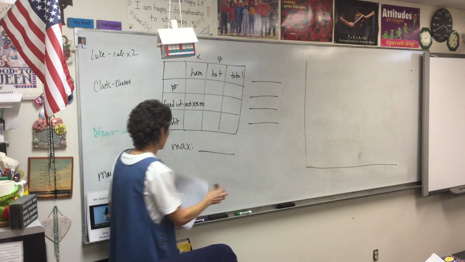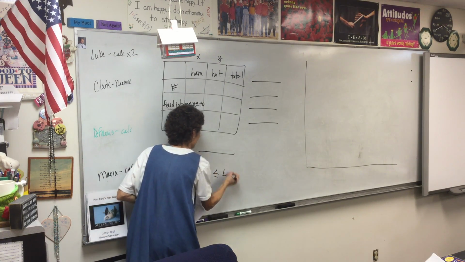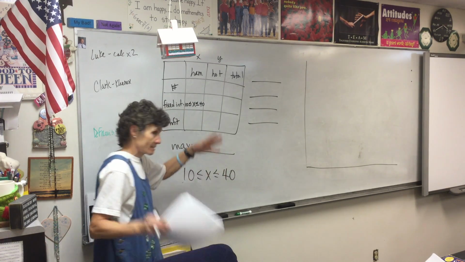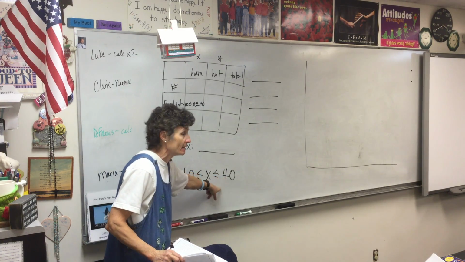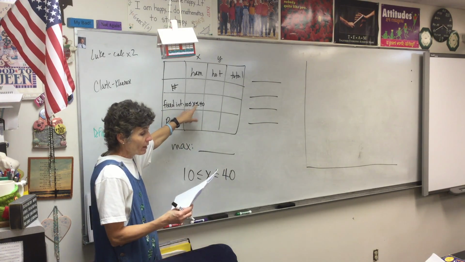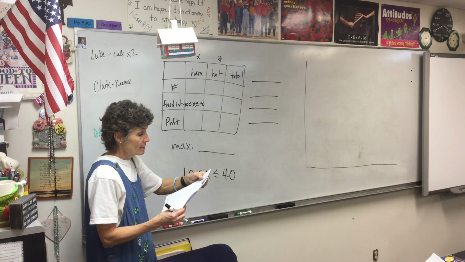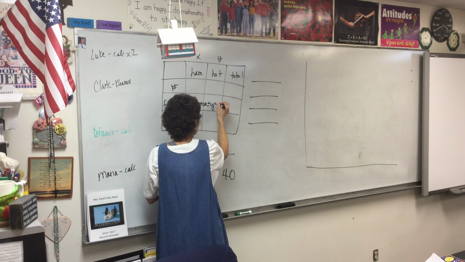I'll write it a little bigger down here for those of you in the back. Now what about Y? Is it the same thing for Y? It's between 30 and 70.